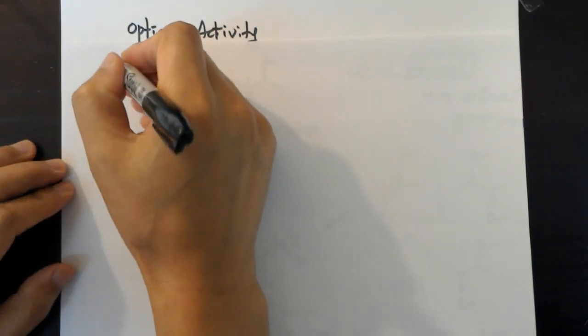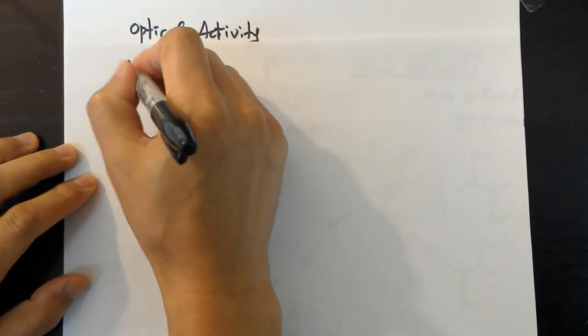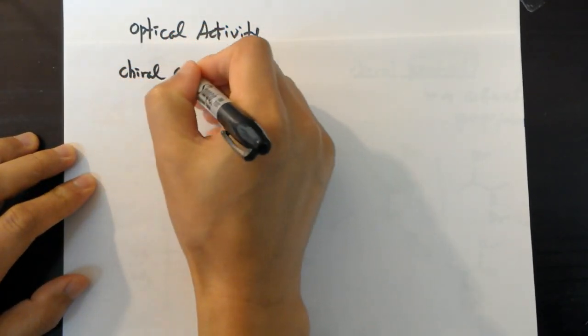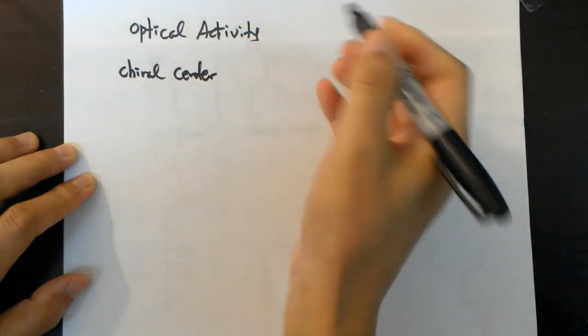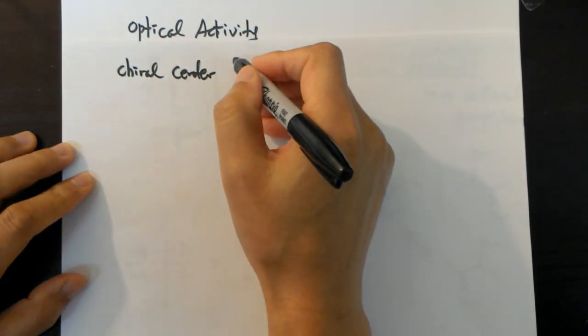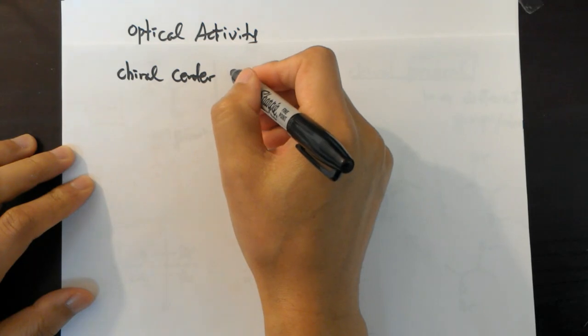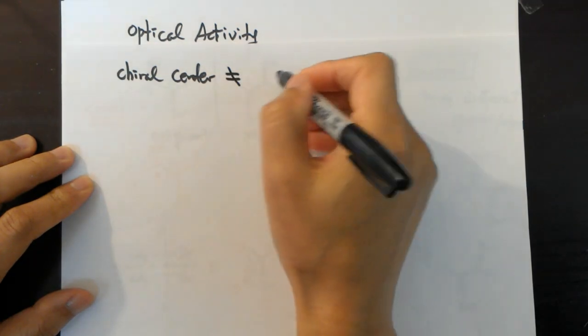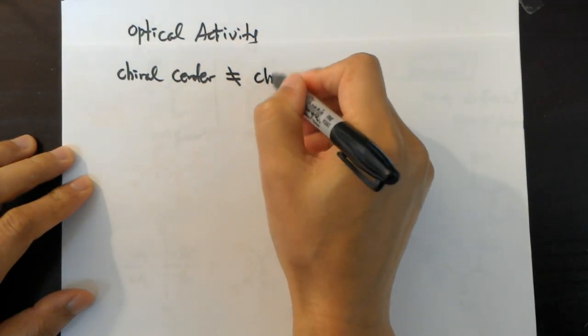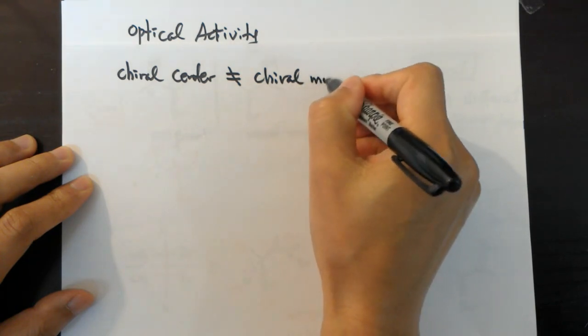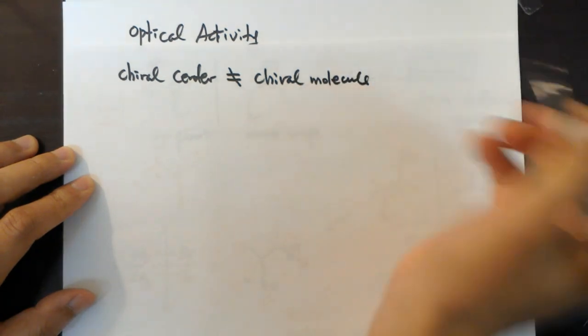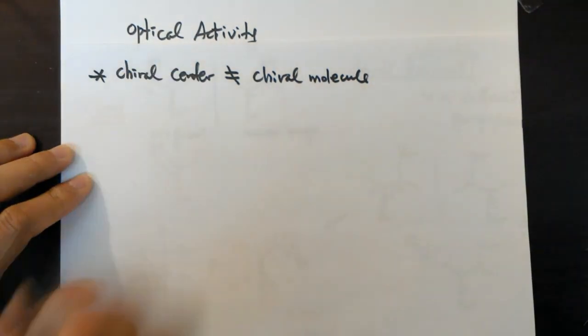So, presence of a chiral center that has 4 different groups doesn't mean the molecule is chiral. It's very important to remember.